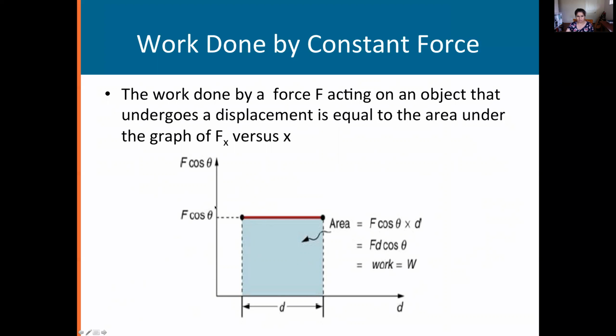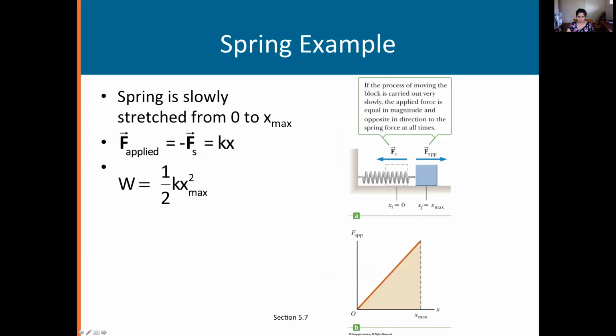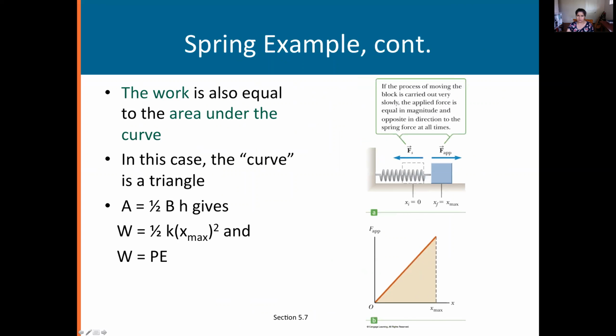So work done equals F times D, right? Because F is this side of the rectangle, D is this side of the rectangle, and this F is F cosine theta because we remember it was the dot product. Yeah? We already did the one for the spring, half kx squared.